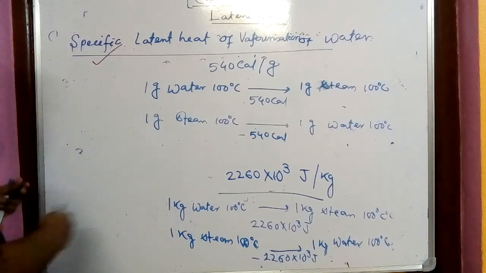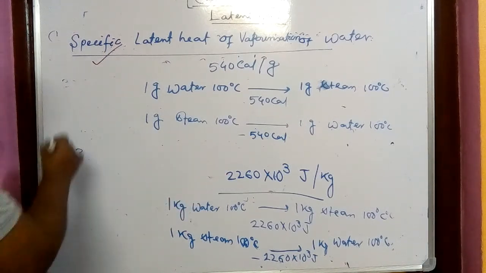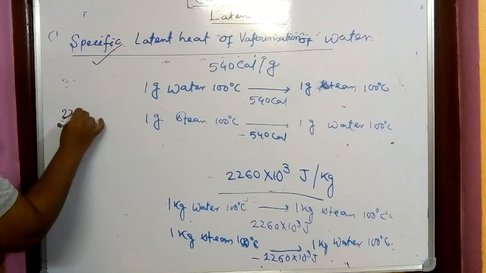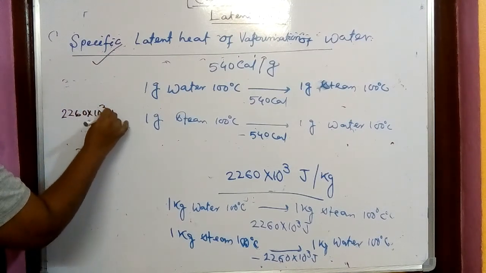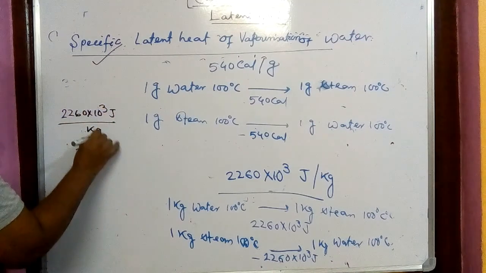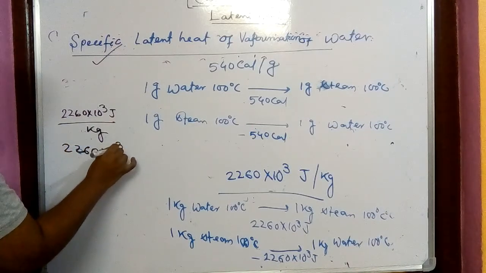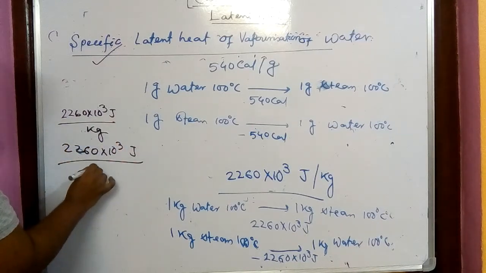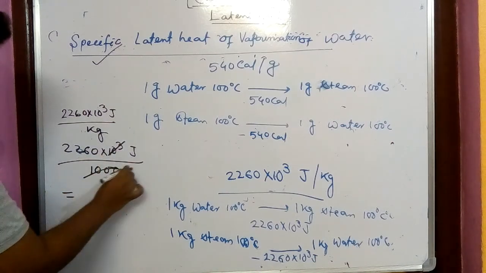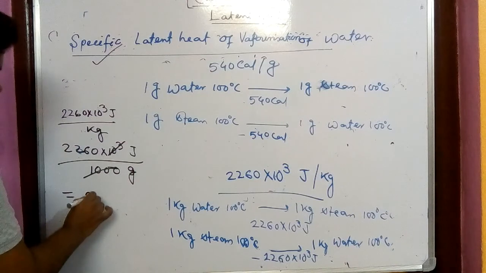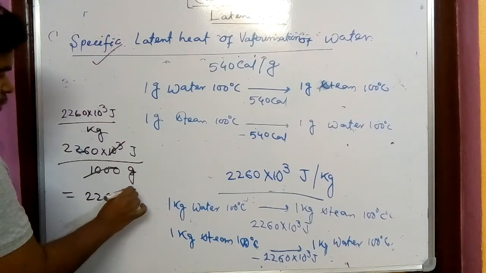Here also we can convert between CGS and SI. 2260 into 10 to the power 3 joule per kg, where 1 kg means 1000 gram, so this 10 to the power 3 will be cancelled out. So it is 2260 joule per gram.